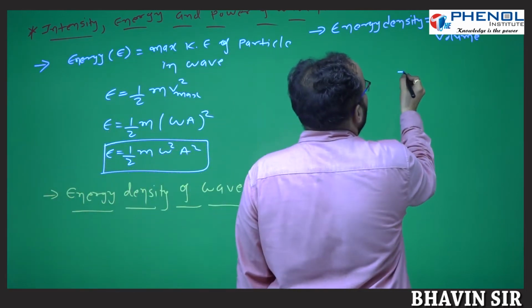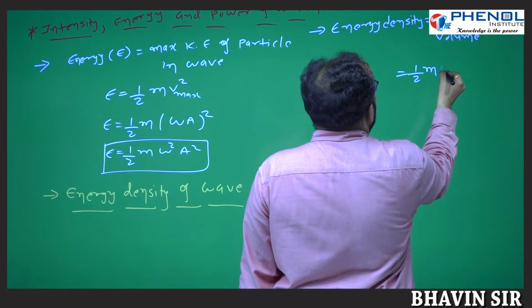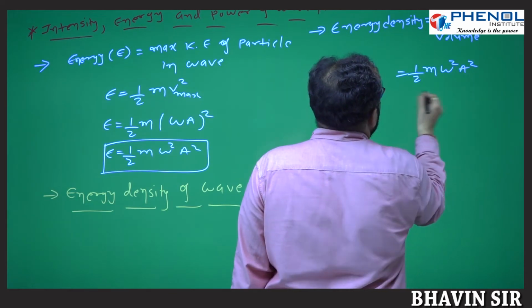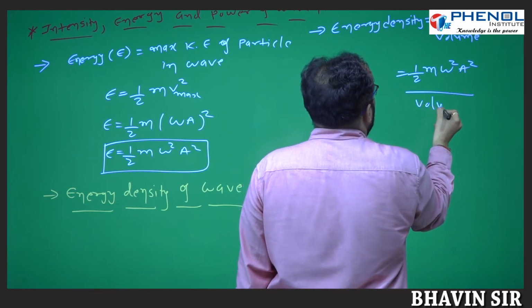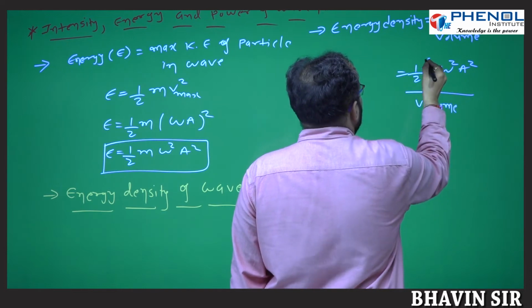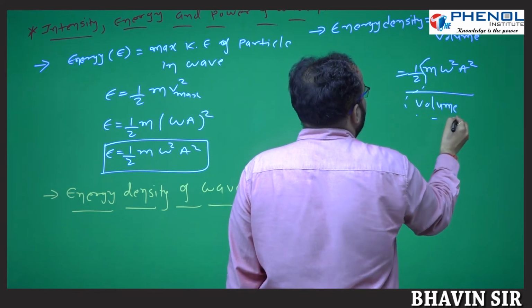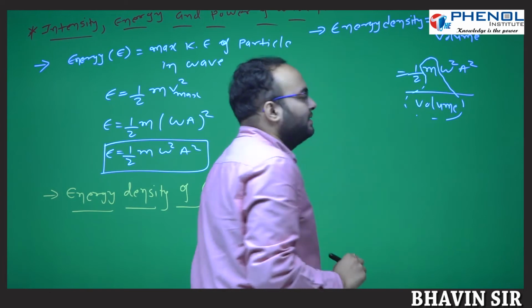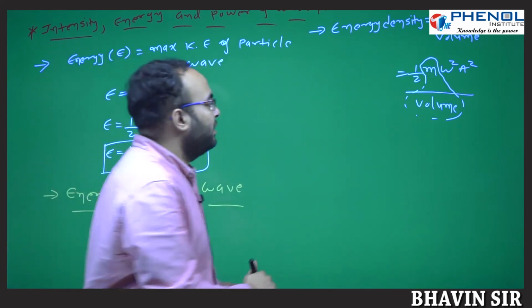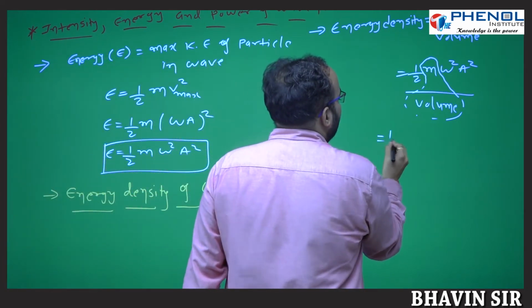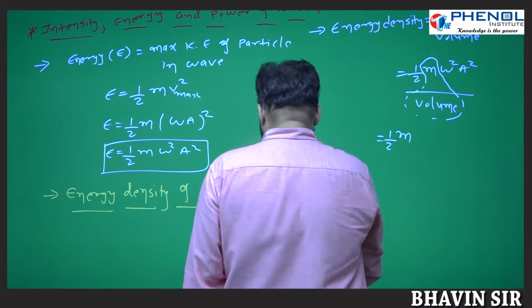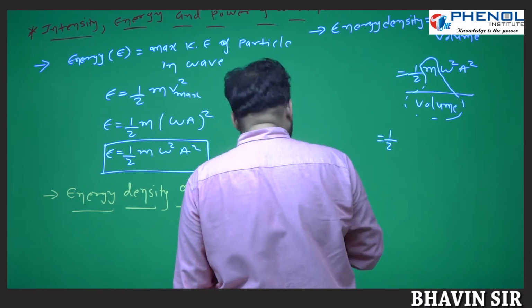So what is the energy? Half m omega square a square, and volume. So see, students, mass by volume. Mass by volume means what? Density. Density of what?